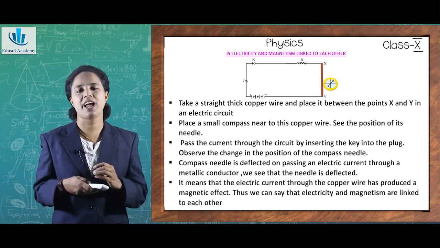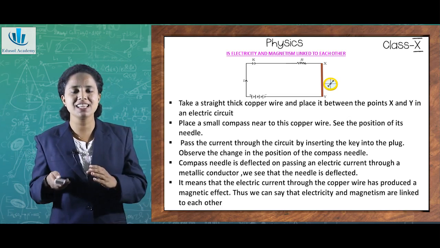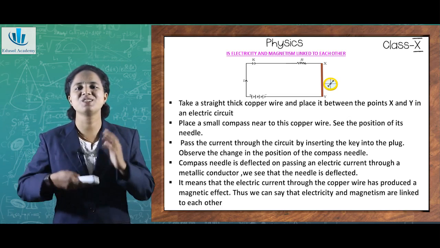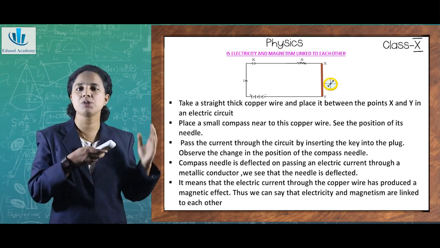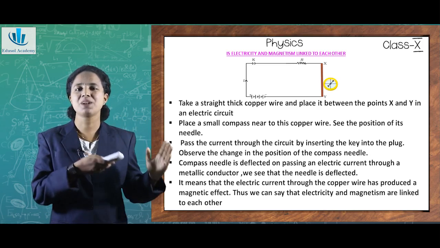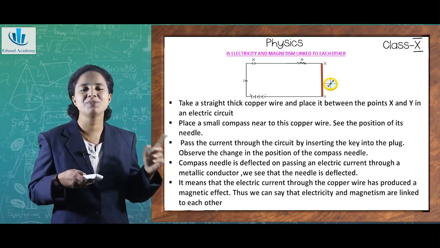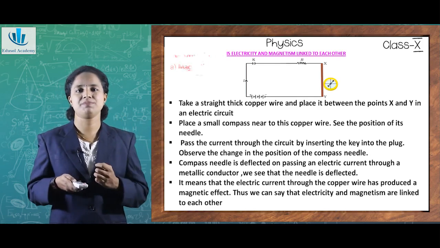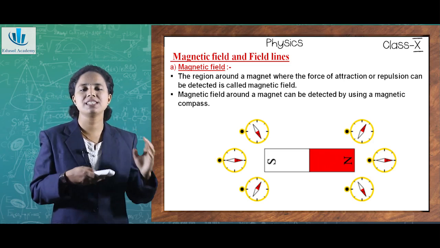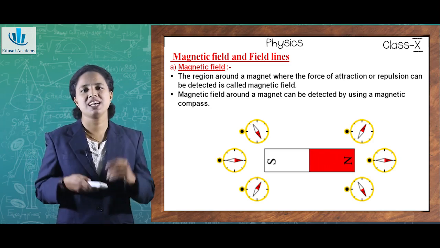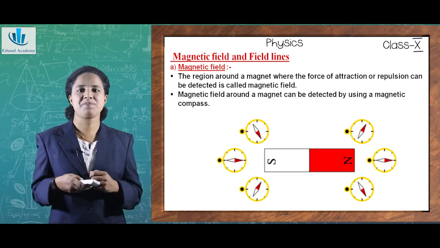Thus, we can conclude that electricity and magnetism are linked to each other. So, the electric current contributes to a magnetic field, which ultimately results in the needle of the compass deflecting. Next, we need to find the different terms most used in magnetism.